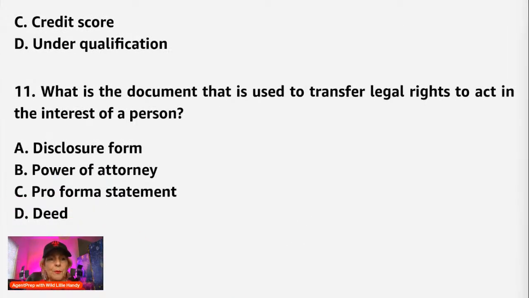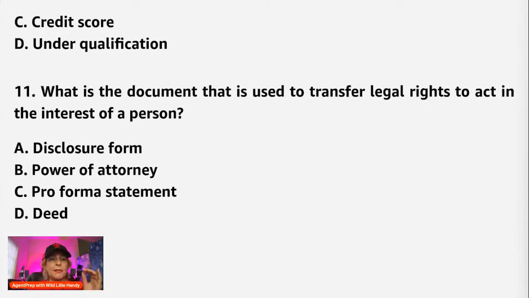Number 11. What is the document that is used to transfer legal rights to act in the interest of a person? A, disclosure form, B, power of attorney, C, pro forma statement, or D, deed?